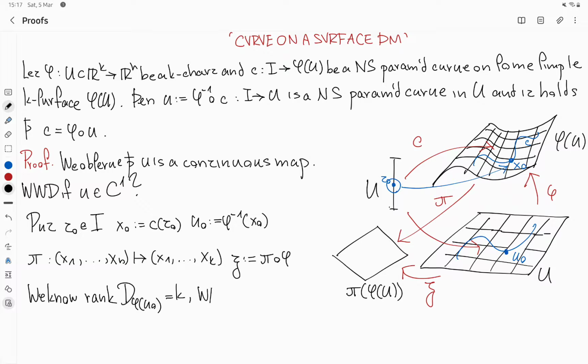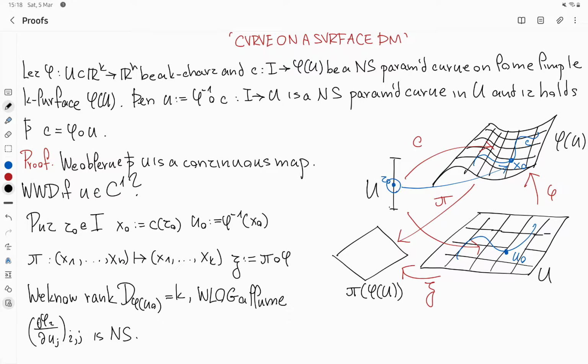Without any loss of generality, assume that we needn't shift anything about, that the first k by k submatrix of this Jacobian is non-singular.